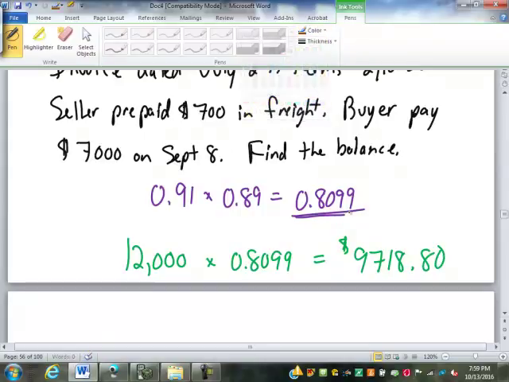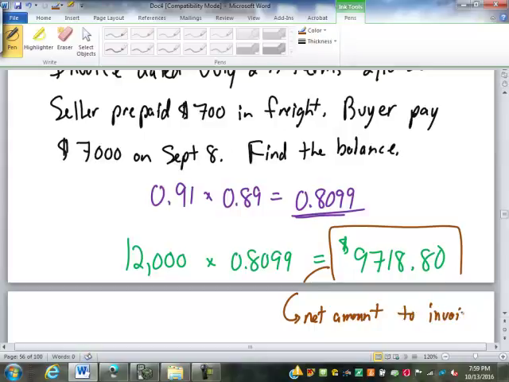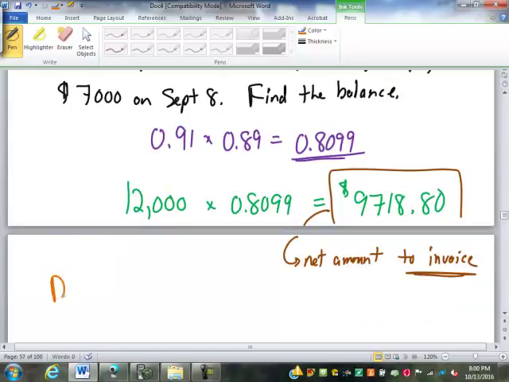What is this amount here that I just found? That's the net amount, the net price, and that's what goes to the invoice. That is the invoiced amount. So now we have all the invoice information. We have the invoice date, which is July 27th.